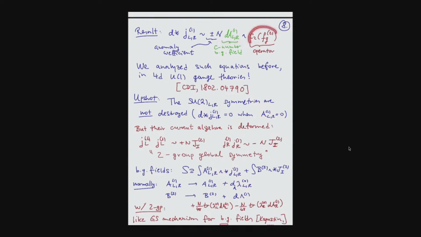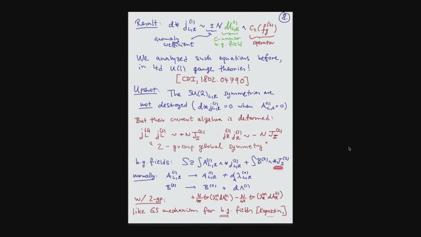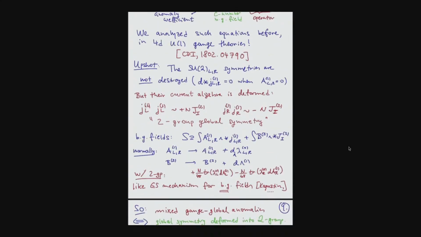And because this right-hand side involves the instanton current, you can absorb this right-hand side by postulating a shift, or a new transformation piece, in the transformation law for the B field. And this transformation law looks like this. It's a shift of the B field by the field strengths of the R symmetry gauge field in a way that's dictated by the anomaly coefficients.